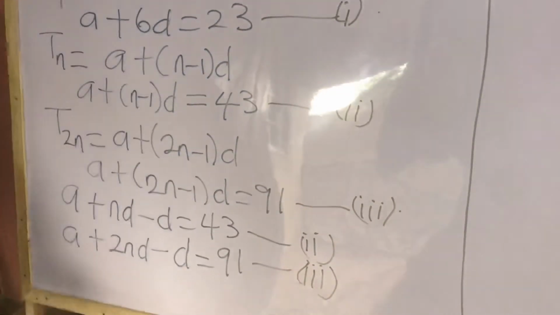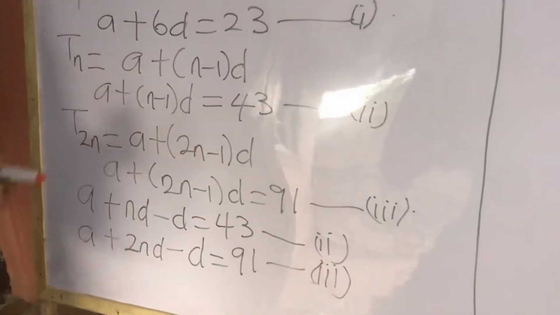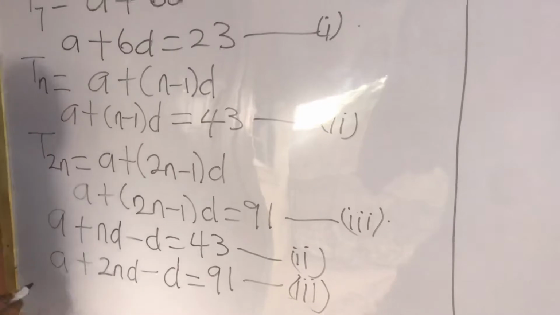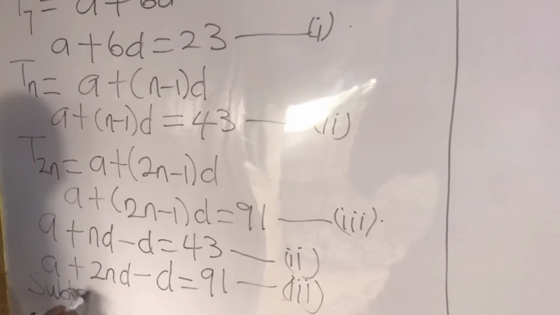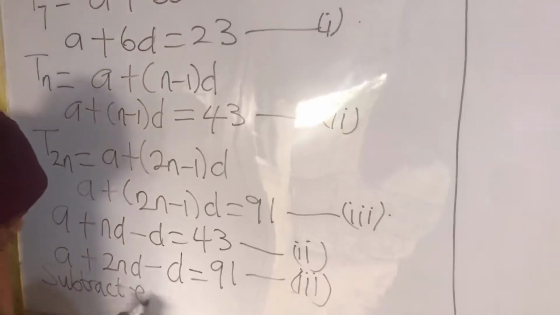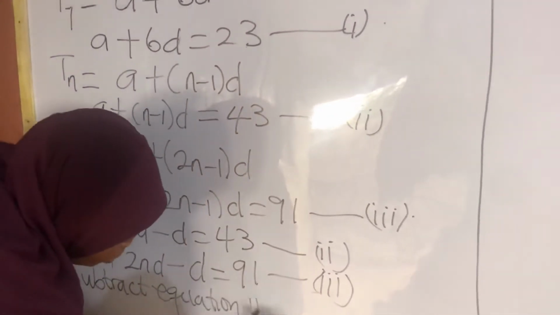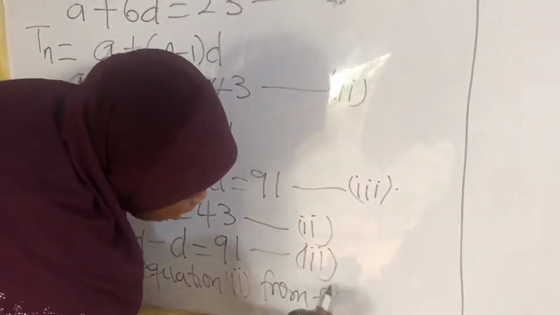Now, you can use the elimination method because we have simultaneous equations. So subtract equation 2 from equation 3.